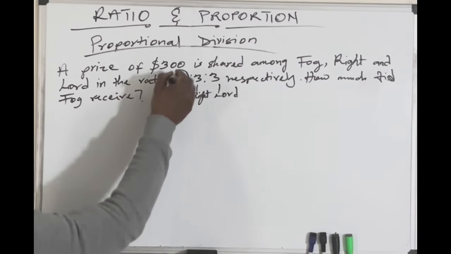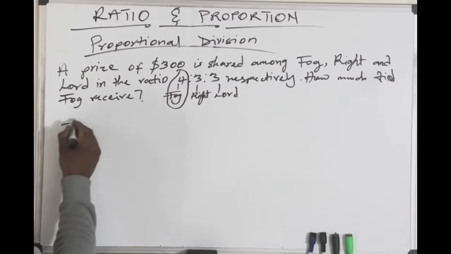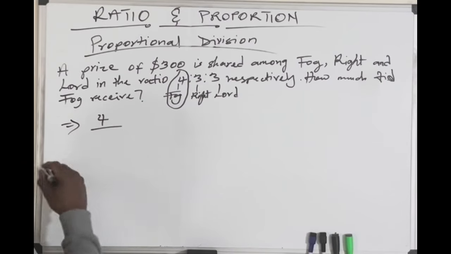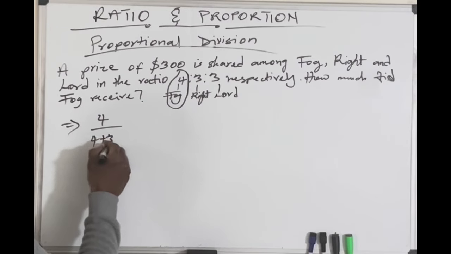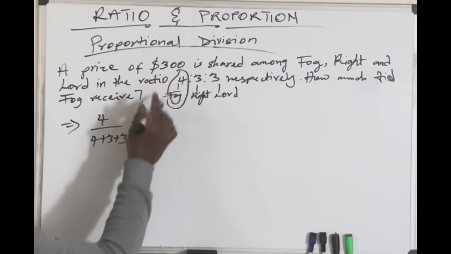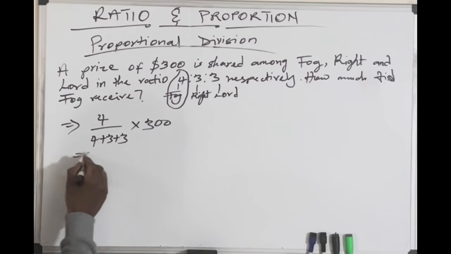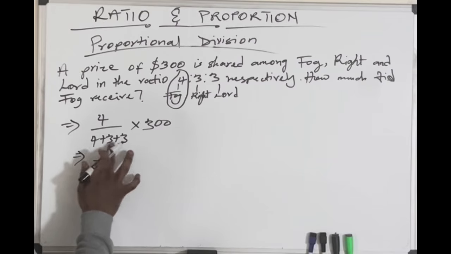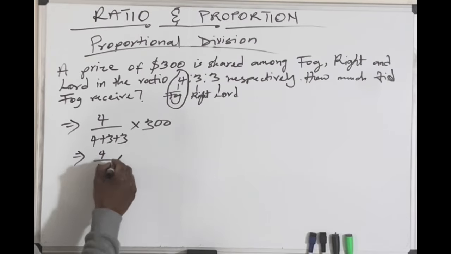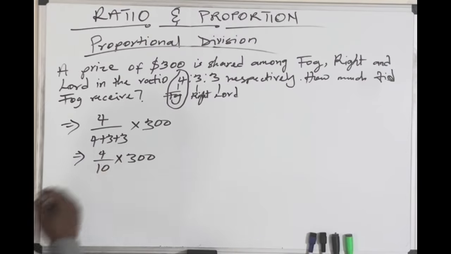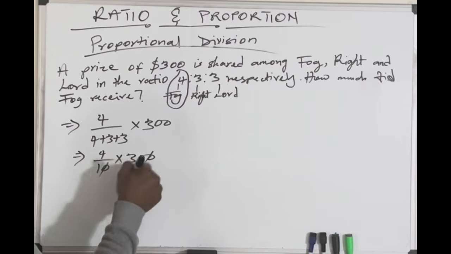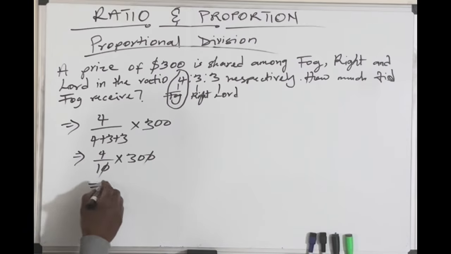We are looking at the 4. So 4 over 4 plus 3 plus 3, times $300. 4 over 10 times 300 is 120.